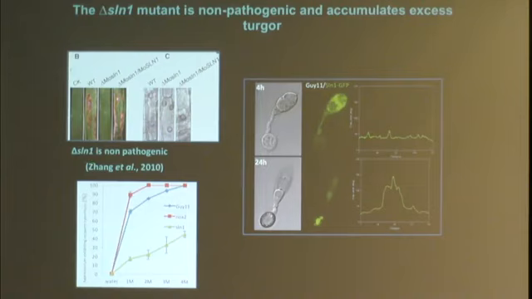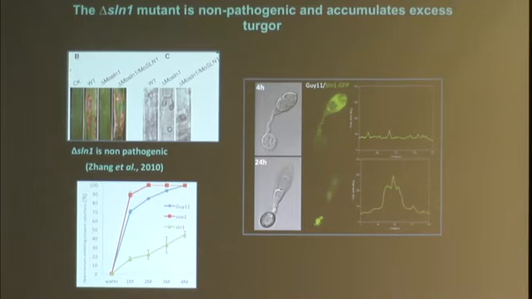As you can see here, they cannot penetrate rice leaves. Here we have a wild type cell which is already filled with fungus. Here you have the mutant, which couldn't penetrate, so you don't see any fungus inside. And here you have the complemented one. Again, it can colonize rice leaves. Interestingly, when we look at the turgor pressure within these cells in SLN1 mutants, we realize that turgor pressure is more than in the wild type.